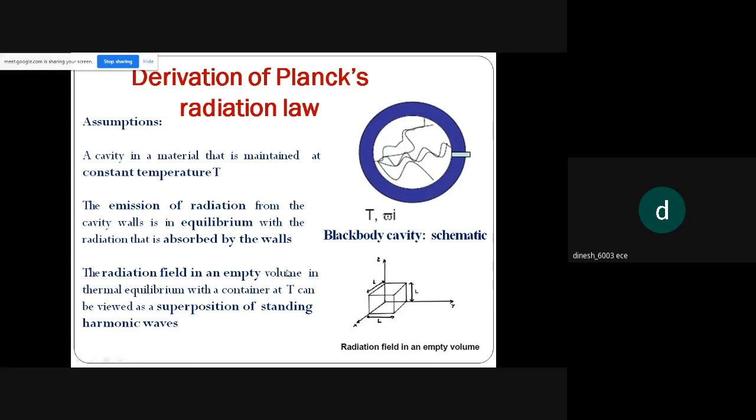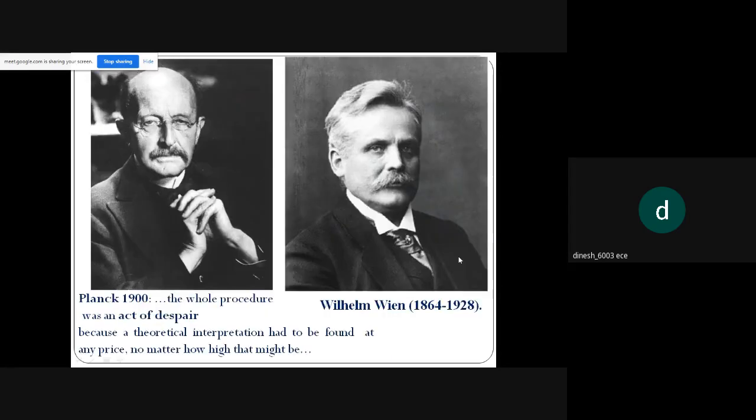This we call the black body cavity schematic, which was given by Planck in the year 1900.